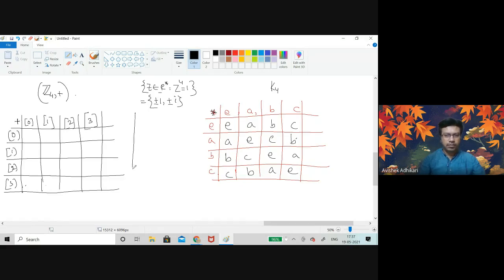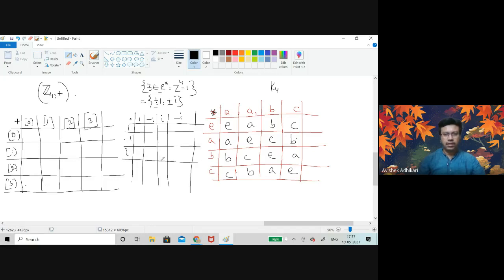Let us again formulate that table. Here we have the dot operation: 1, minus 1, i, minus i.